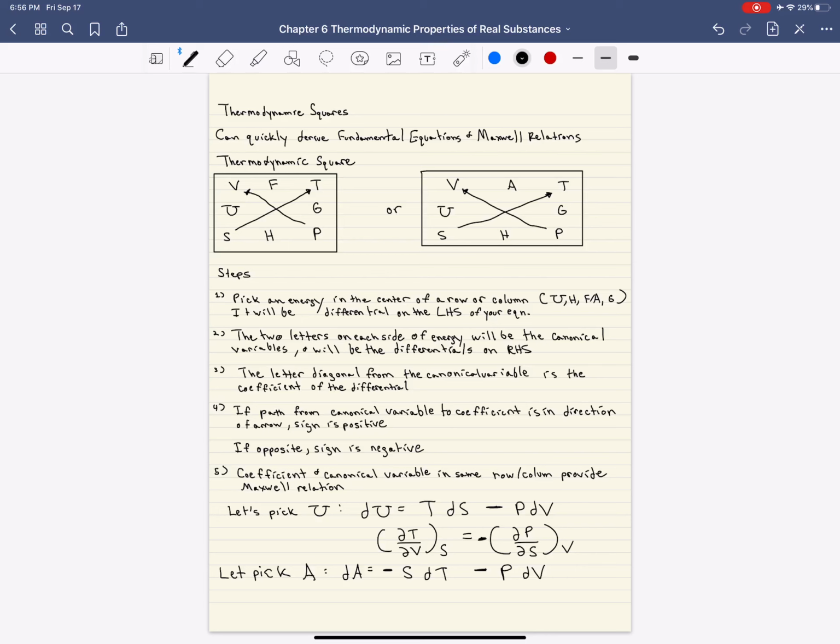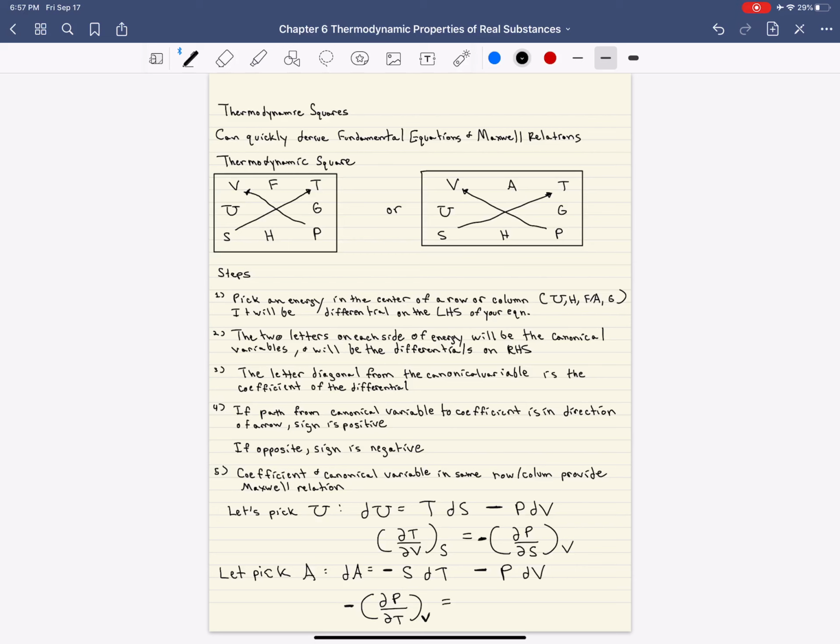Alright, and so now, to get the Maxwell relation, here we look at the coefficient P. We see that it's in the same column as the canonical variable T. So dP/dT, and the coefficient was a conjugate pair with V, so it's going to be at constant V. There's a negative here.